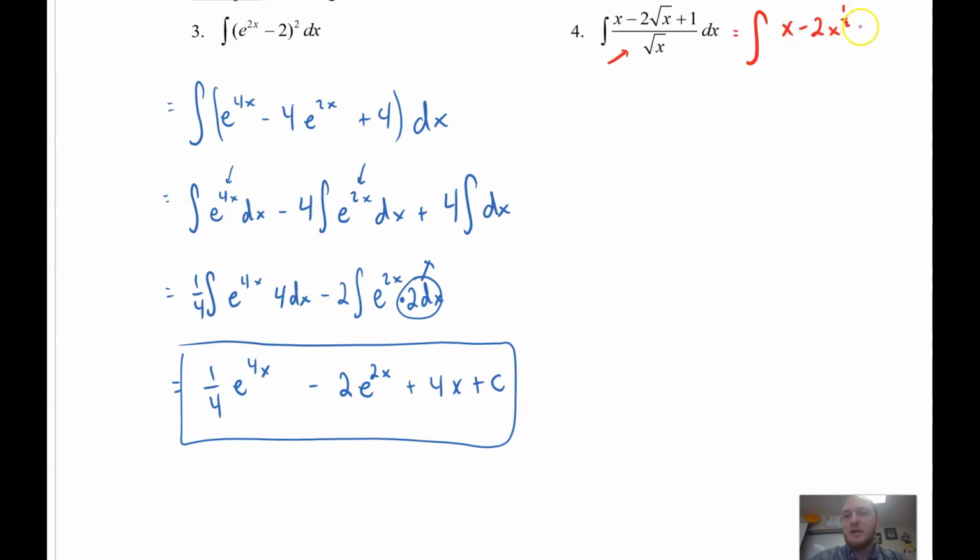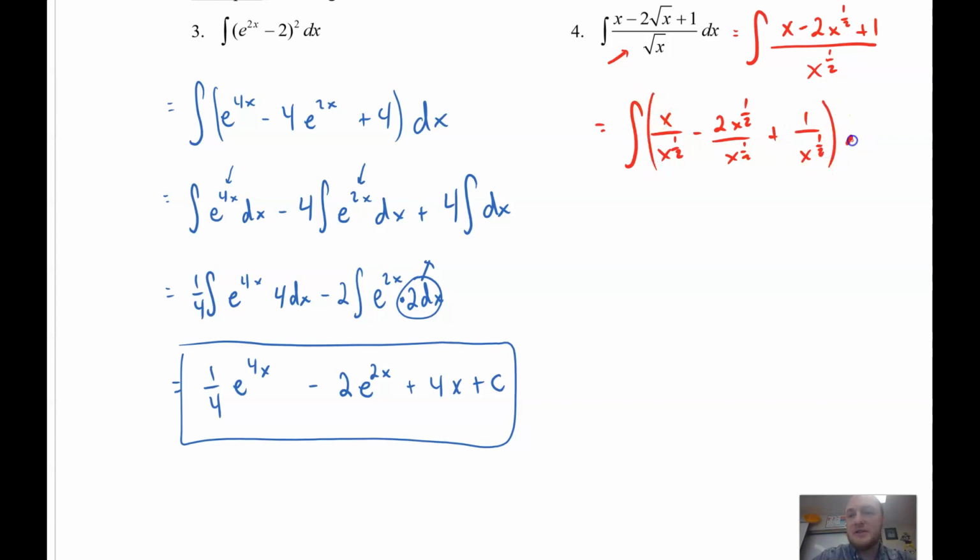So negative 2x to the 1/2 plus 1 all over x to the power of 1/2. And I can divide everything by this term. So this looks like the integral of x over x to the power of 1/2 minus 2x to the 1/2 over x to the 1/2, plus 1 over x to the 1/2.